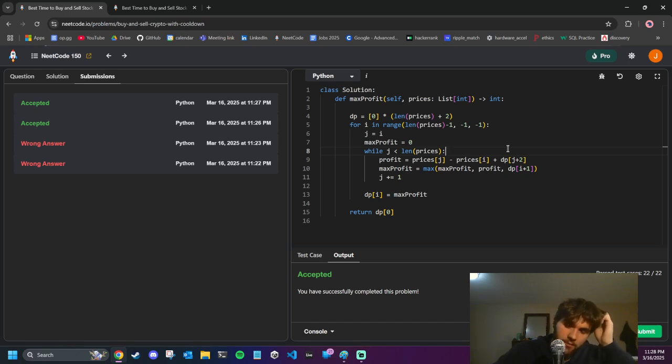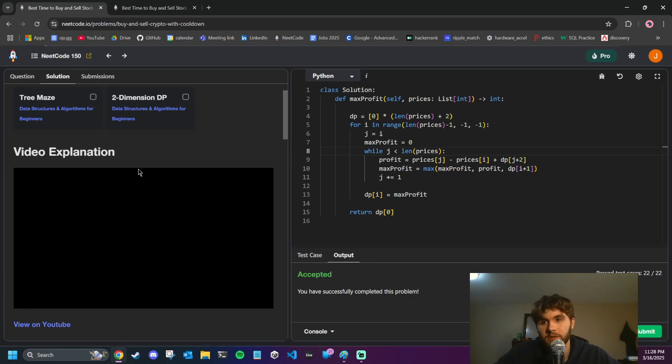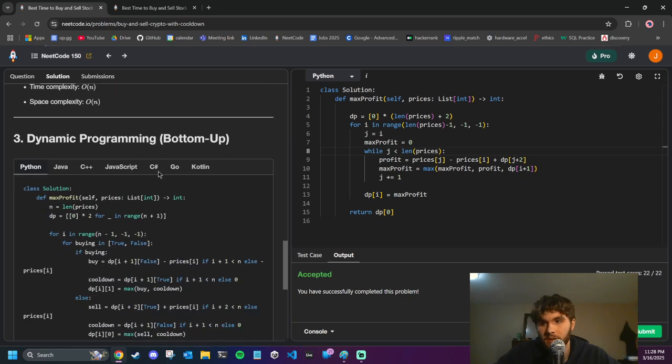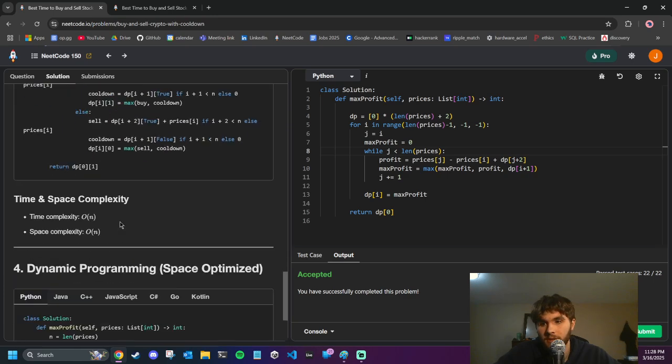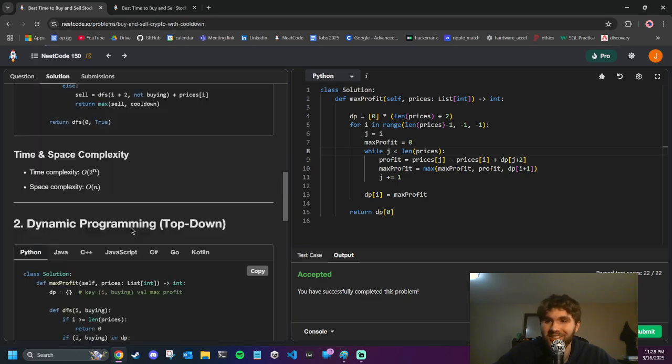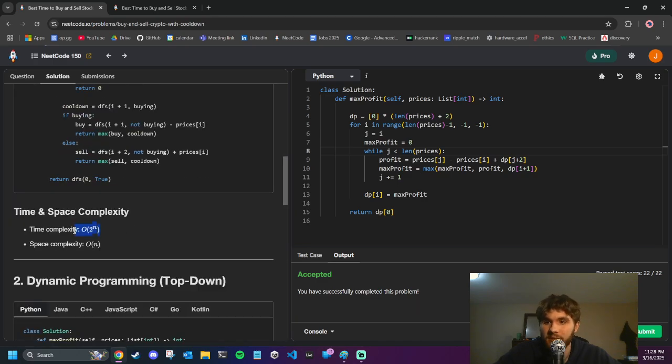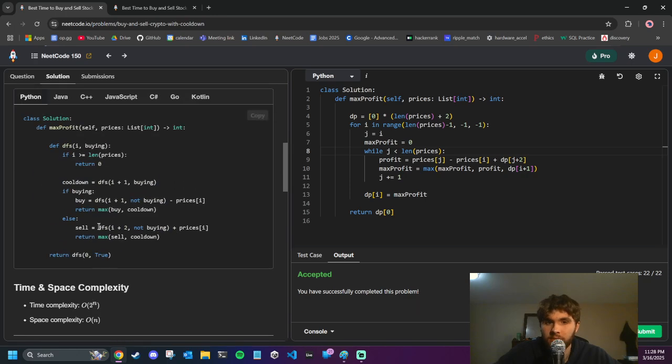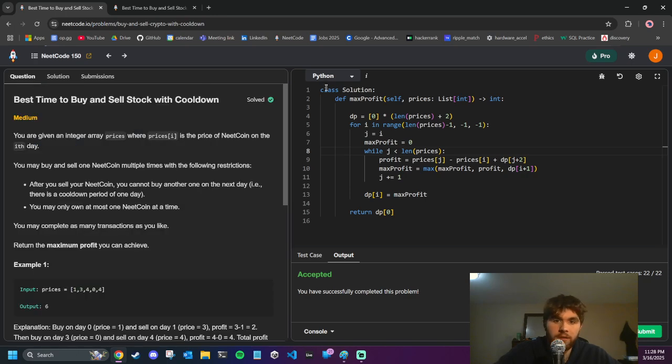I'm also glad that I figured out that it would just be n squared. I hope there's no linear solution. Let me see if there's a linear one. Oh, there's a linear one. Okay, well, that's unfortunate. But I am still happy that I got a somewhat good one.